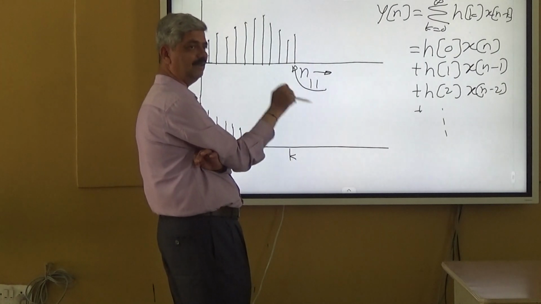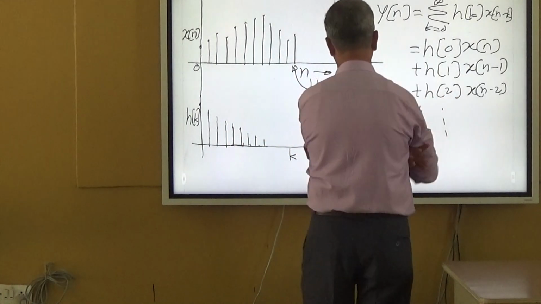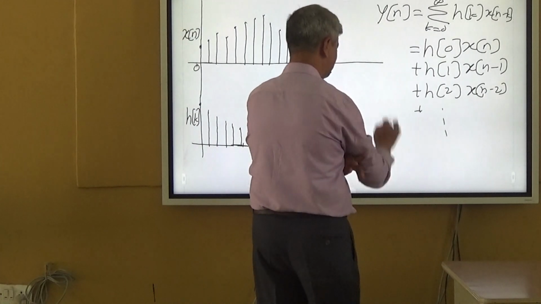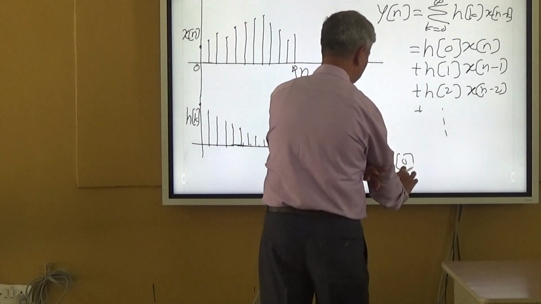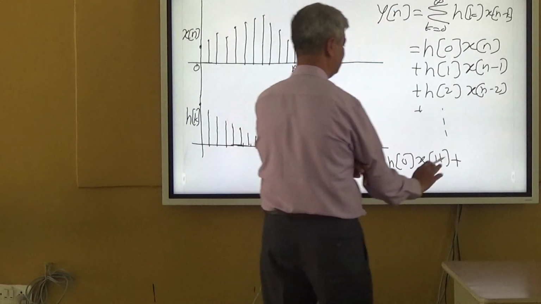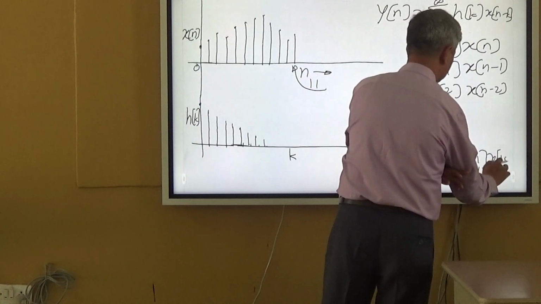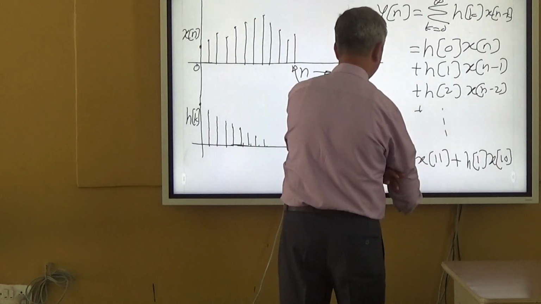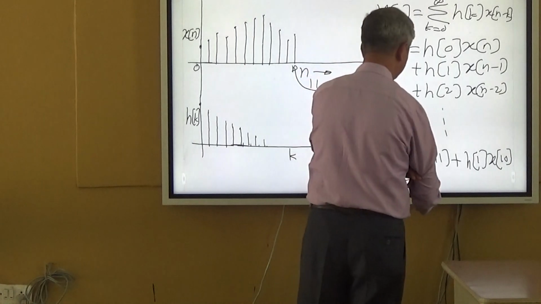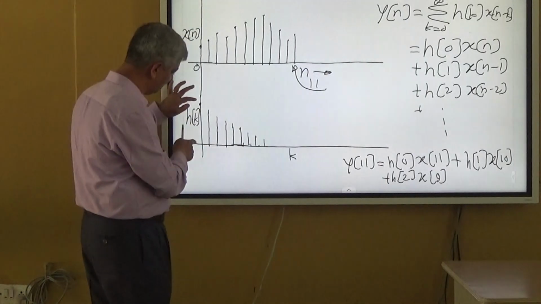You need to write what will be the expression. y11 is equal to what? h0 x11 plus h1 x10 plus h2 x9. So what is h? This is 0.